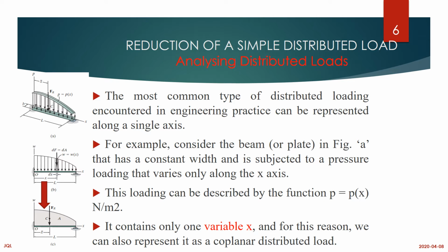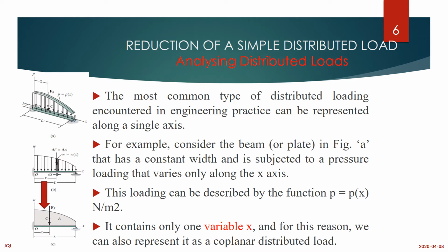The most common types of distributed loading encountered in engineering processes can be presented along a single axis. As an example, consider the beam or plate in figure A that has a constant width, which is b, subjected to a pressure loading that varies along the x-axis.